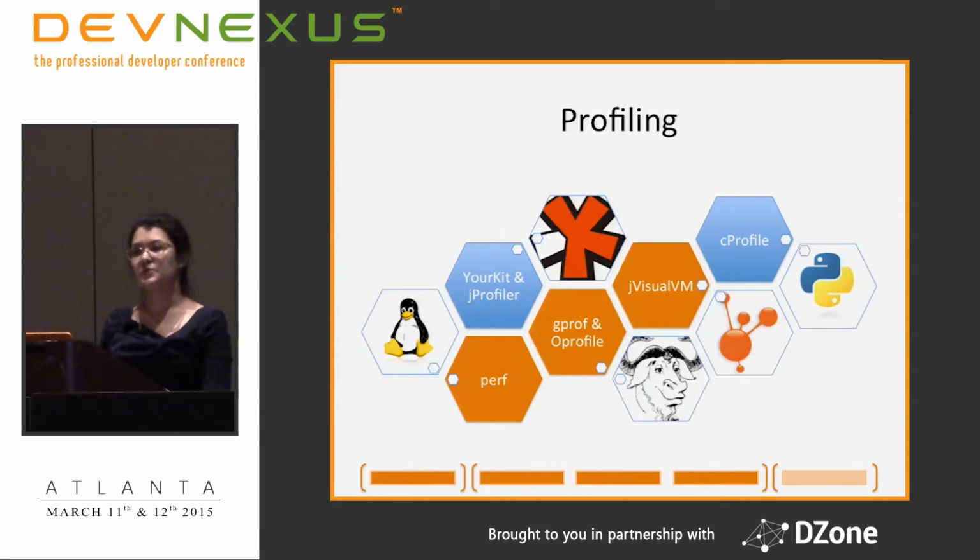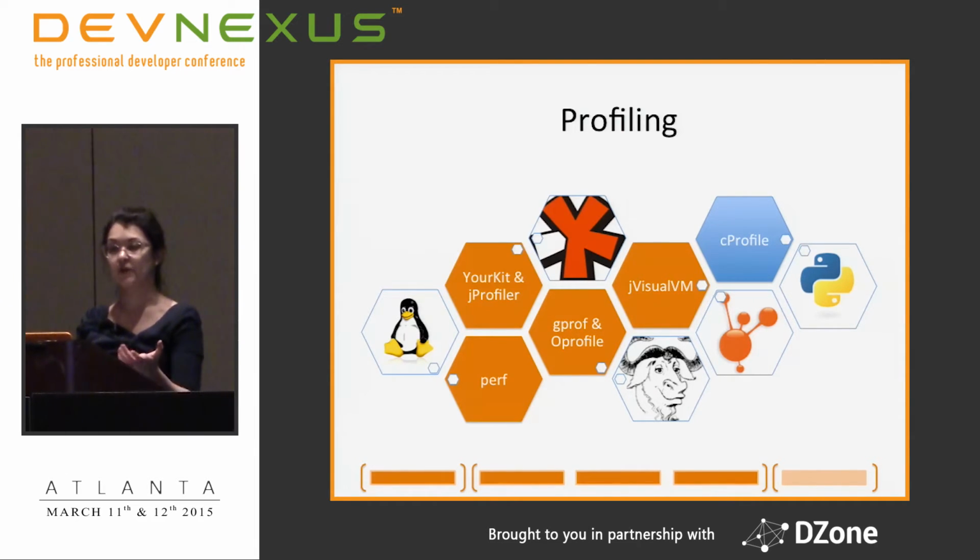You're also able to do thread dumps and figure out memory leaks that happen in your application and so on. There are also other profilers available to you for JVMs like YourKit and JProfiler. YourKit is actually available for free if you're working on an open source project, which is pretty cool.